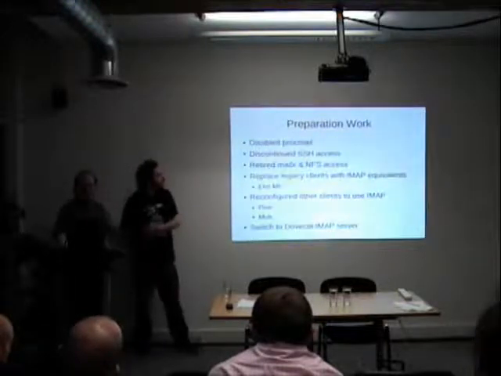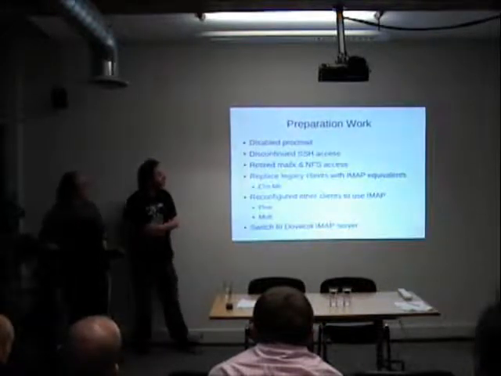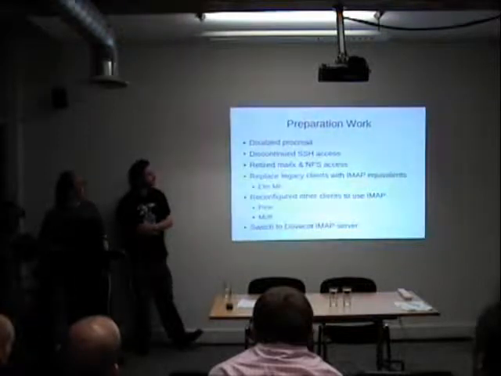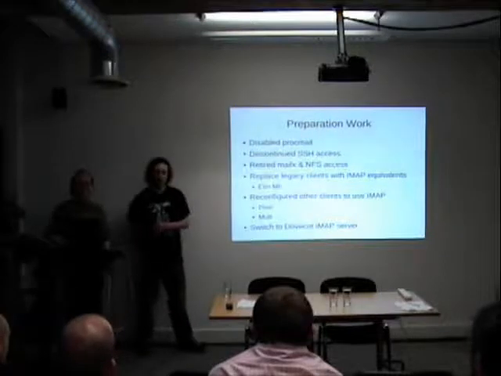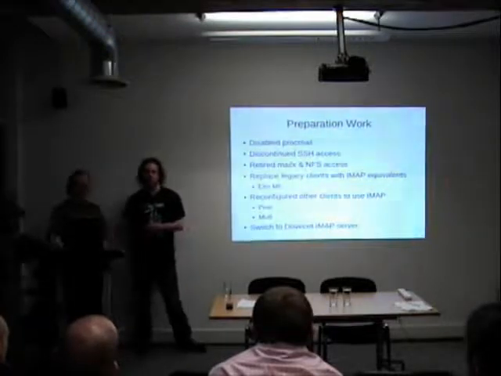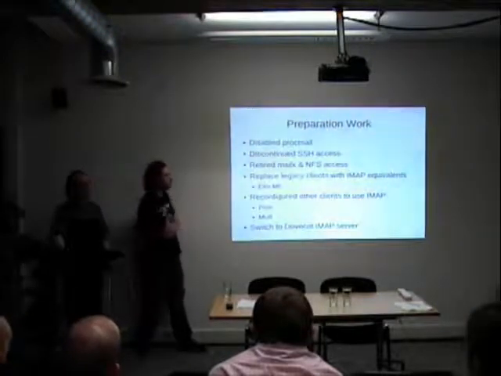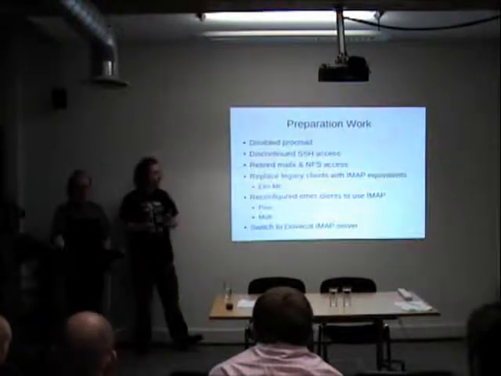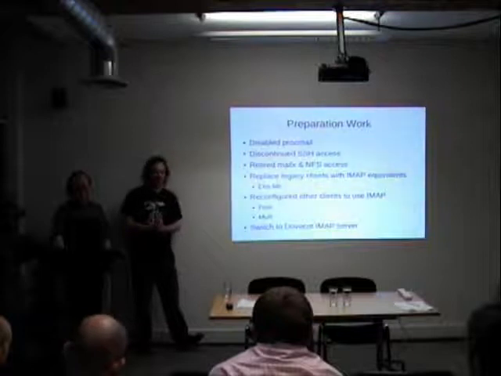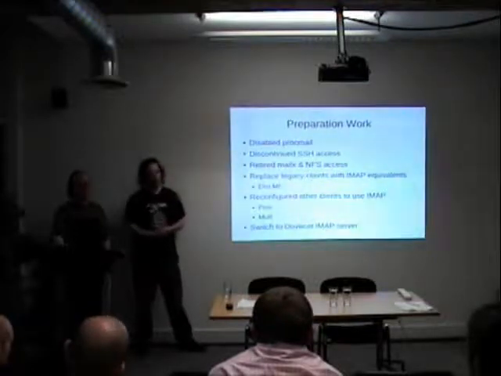Right, so preparation work. Firstly, we switched off ProcMail because it was irritating us endlessly, and it's very easy to write mail loops in it. More specifically, there were approximately 60 users with ProcMail RC files, and we said, we're not going to go in and try to rewrite those to use Maildir.